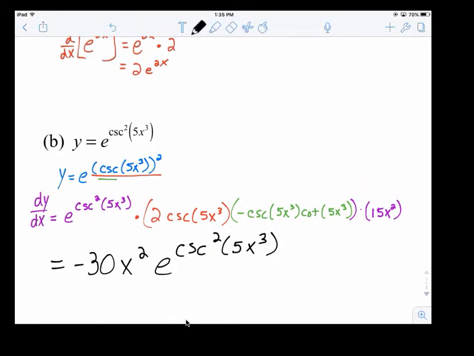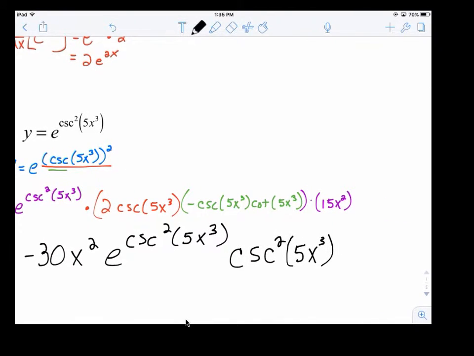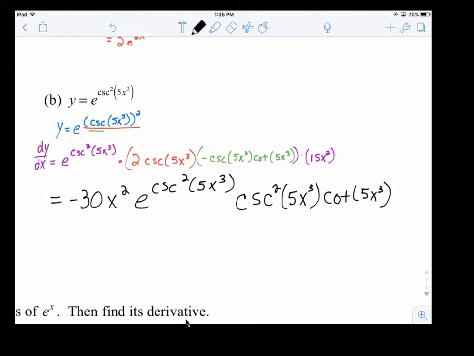And then you have now cosecant of 5x cubed times cosecant of 5x cubed times cotangent of 5x cubed. What does that turn into? Good. And that would be your final answer.